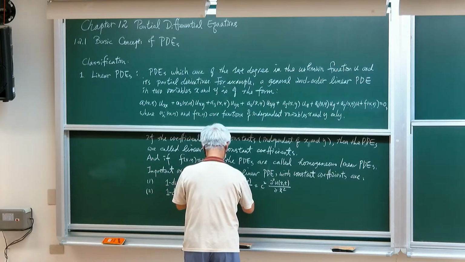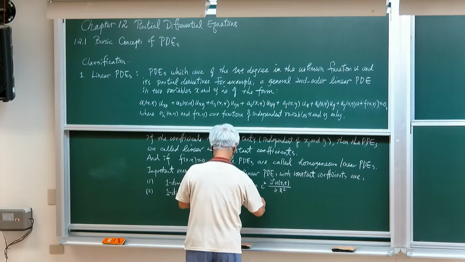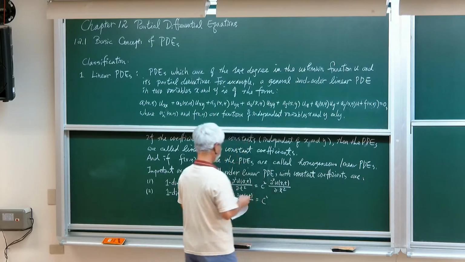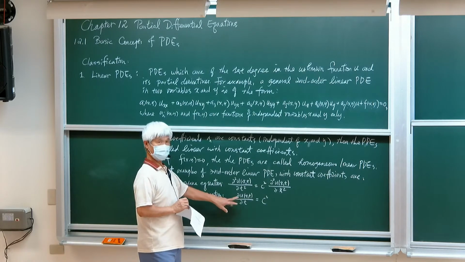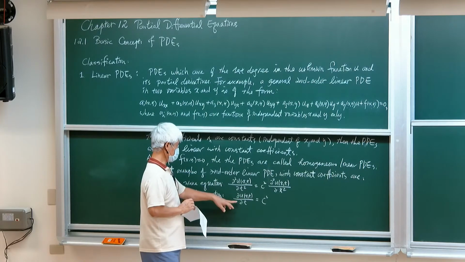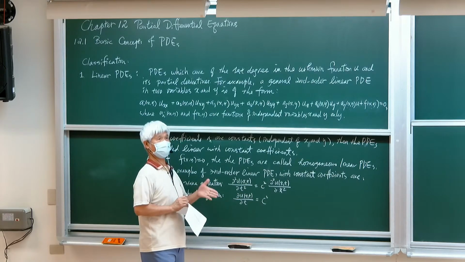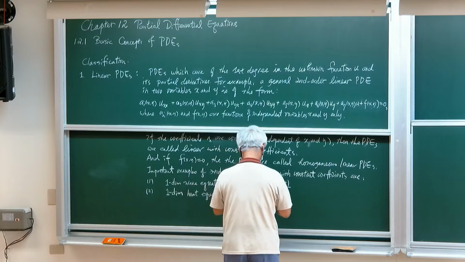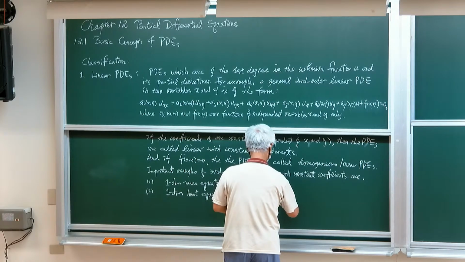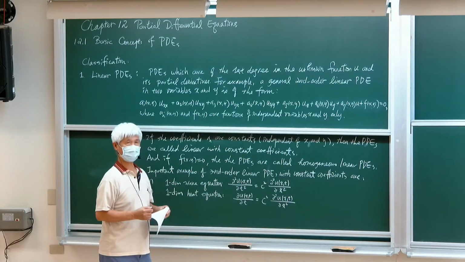This is the first order partial derivative of u, representing the convection of heat, with respect to time, equal to the second order partial derivative of u with respect to the spatial dimension x.